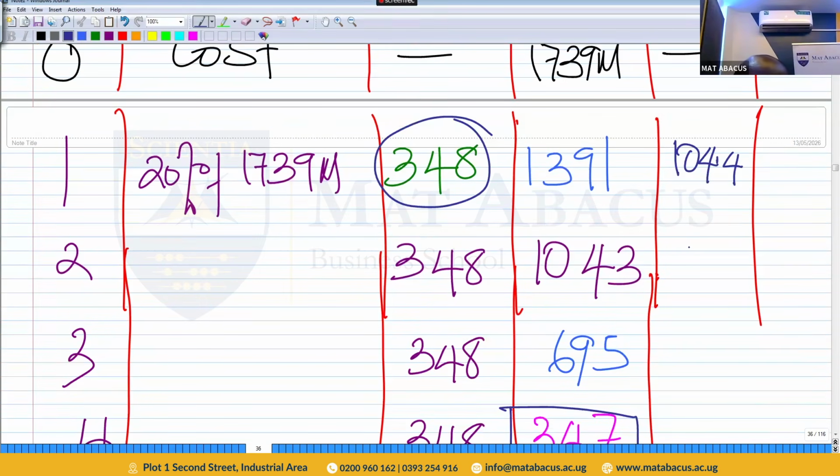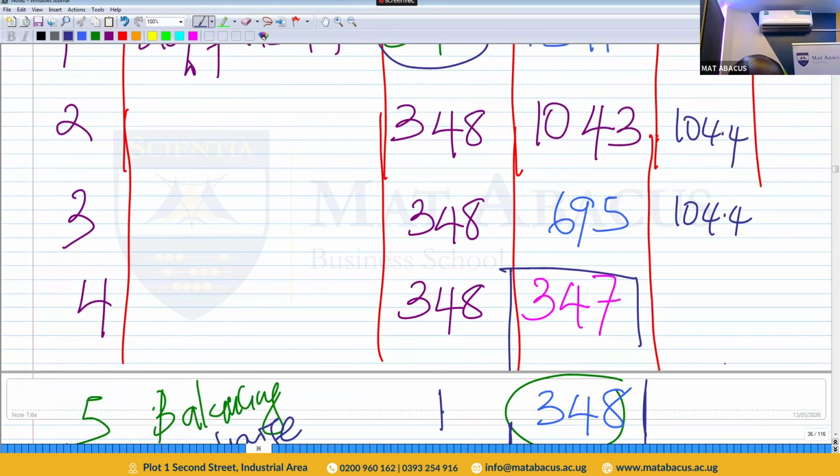Because it is uniform, it will remain 104.4. But because we carried that 1, I want to see if it is material or what. So 1 times 30%, I will get 0.3, which is approximately 0. That 1, 30% of 1 is approximately 0.